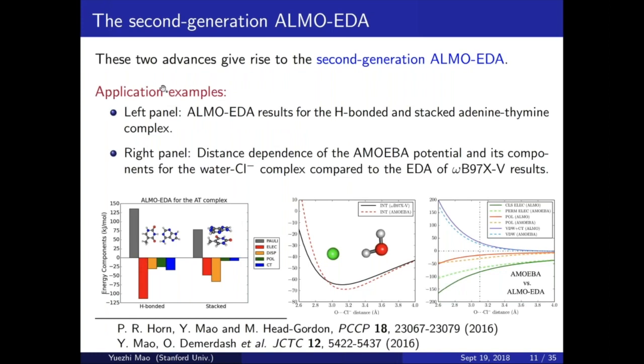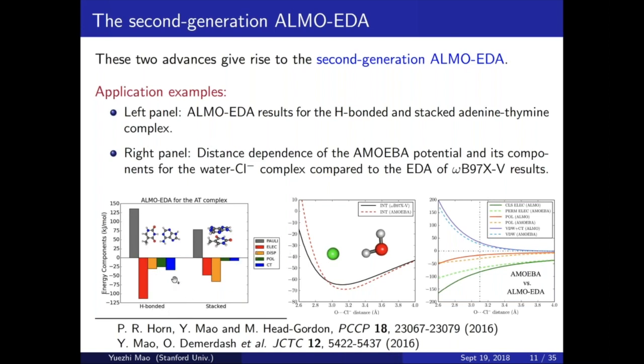And here are 2 application examples. The first one is EDA for the hydrogen bonded and stacked adenine thymine complex. And for the H bonded one, we can find there is a very strong contribution from permanent electrostatics.